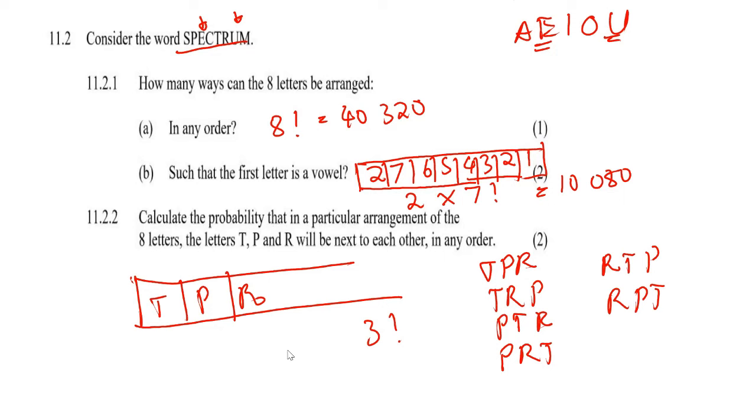And then what are we going to say if we are taking TPR as 1 unit, right? If we are taking them as 1 unit, that means how many positions do we now have to fill? So that's 8 minus 3. That's going to be 5, but then plus 1, we're going to have 6, right? So why plus 1?